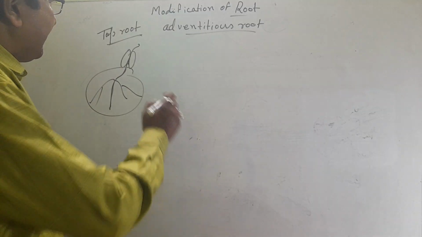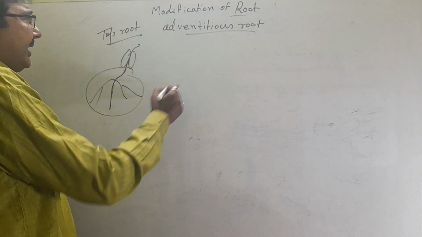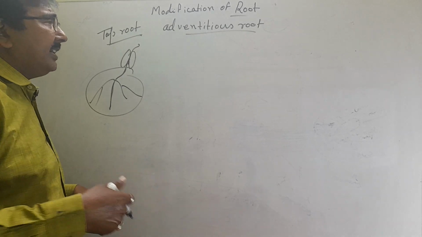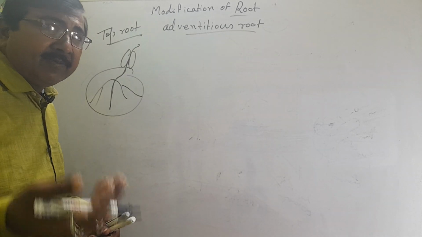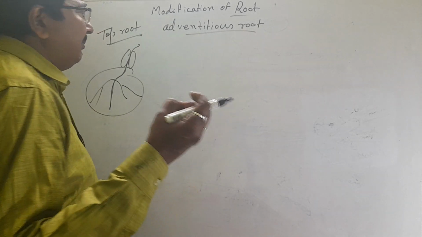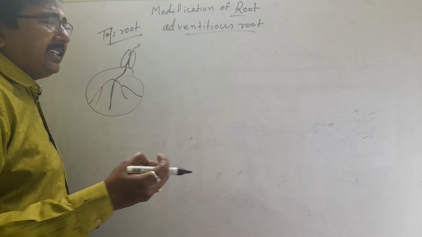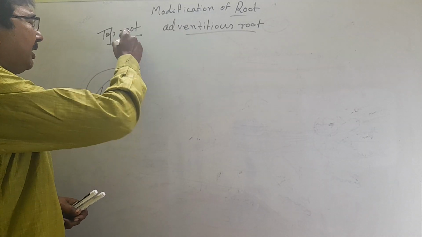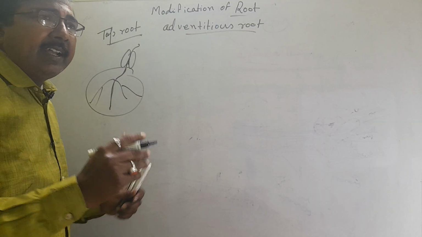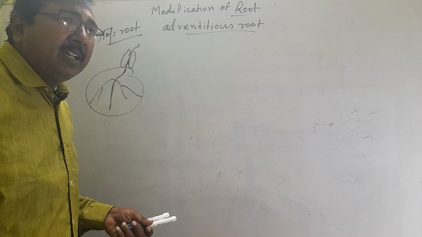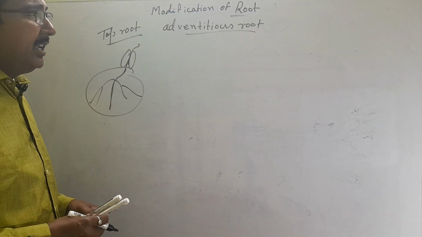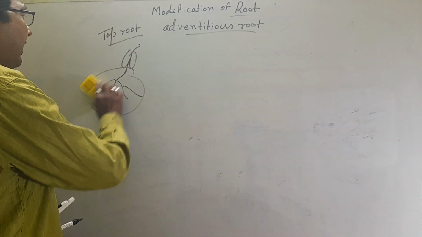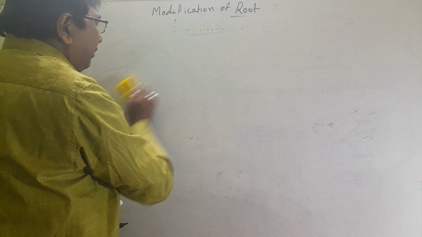If any part of the plant except the radical converts into root, that is called adventitious root. This is the difference between taproot and adventitious root.